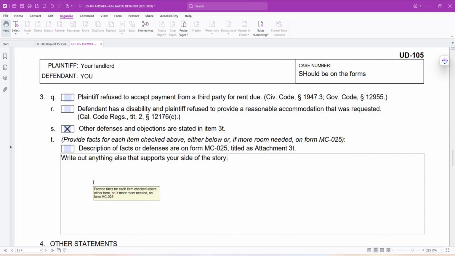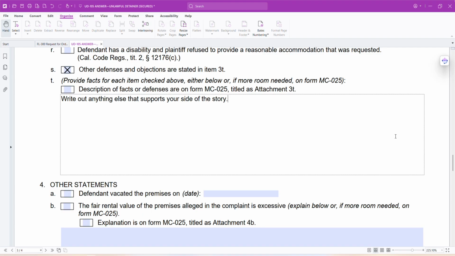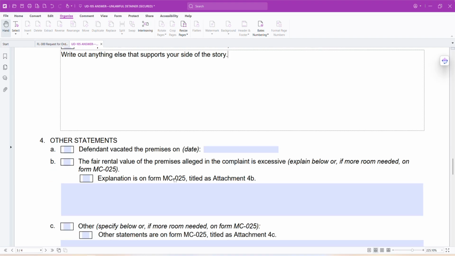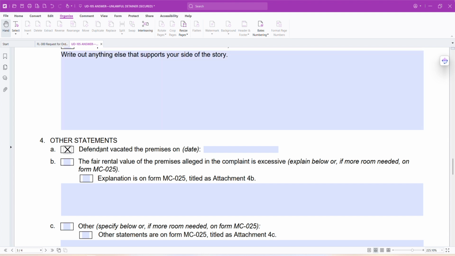So there's room here for you to explain in your words what is going on and what the situation is. If you have moved out of the house, then please mark the box that says you vacated it, and put the date that you vacated. This has a big impact on their ability to keep the case going.